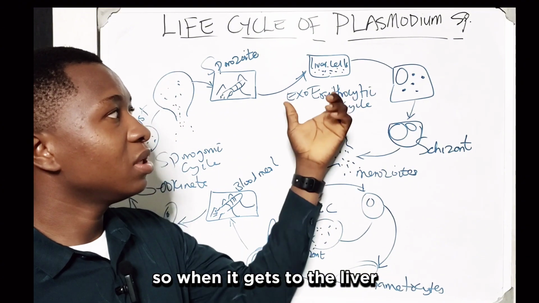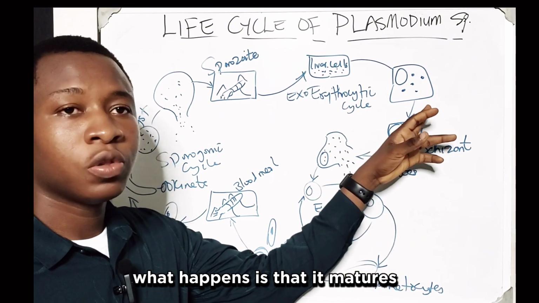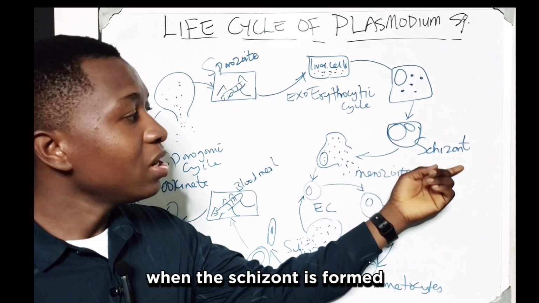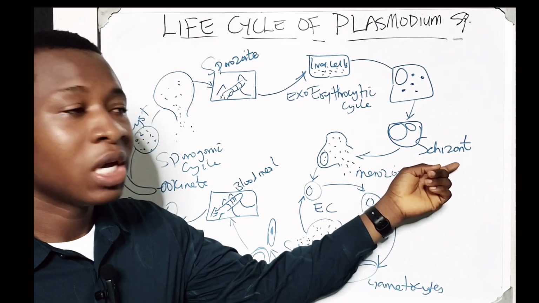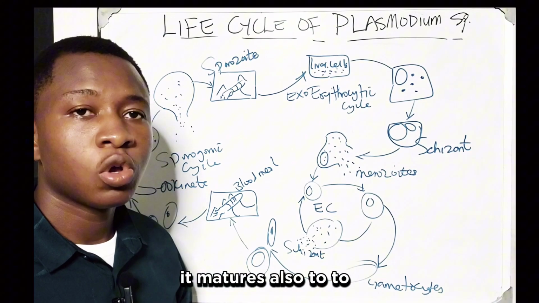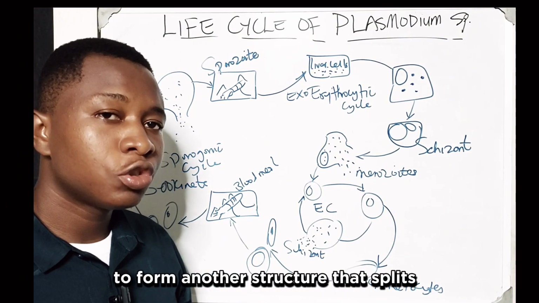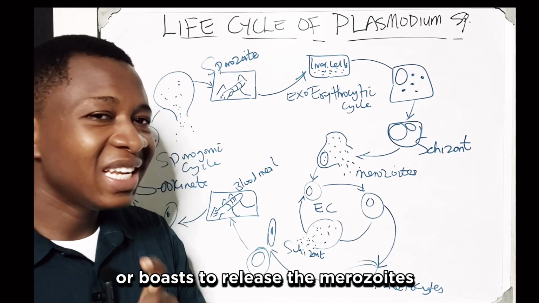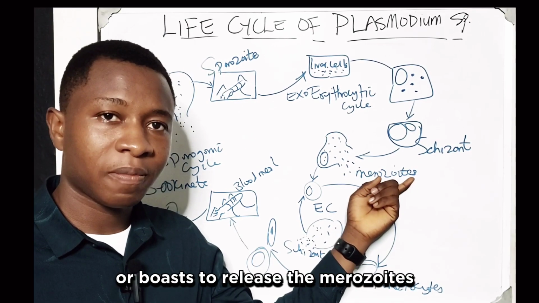When it gets to the liver, it matures to form a structure known as the schizont. When the schizont is formed, it matures further to form another structure that splits or bursts to release the merozoites.